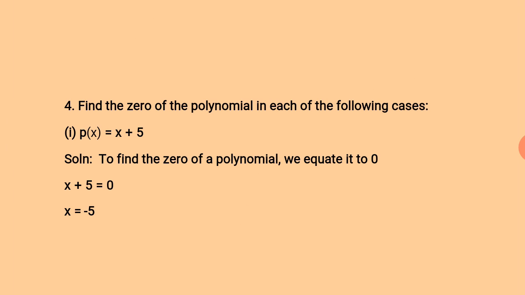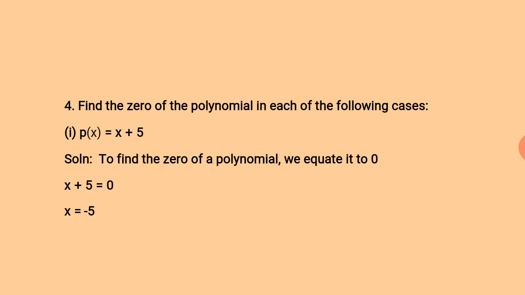Now question number 4. Find the zero of the polynomial. In this case, you are supposed to find the zero. In the last case, you were checking whether it is a zero. Here you are finding. When you are told to find out the zero, the method is quite easy. You have to just equate the given polynomial to 0. So here the given polynomial is p of x equal to x plus 5.